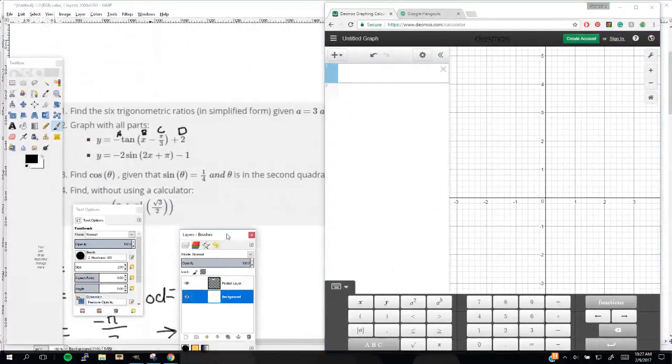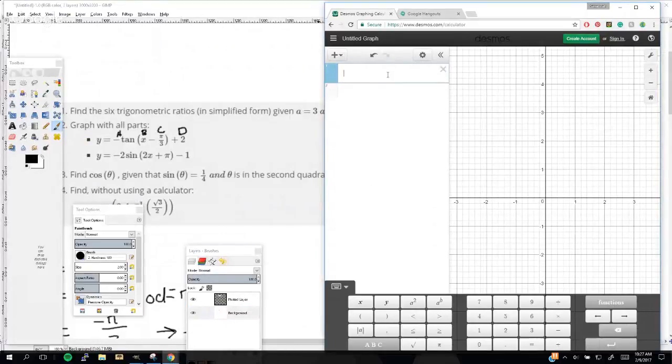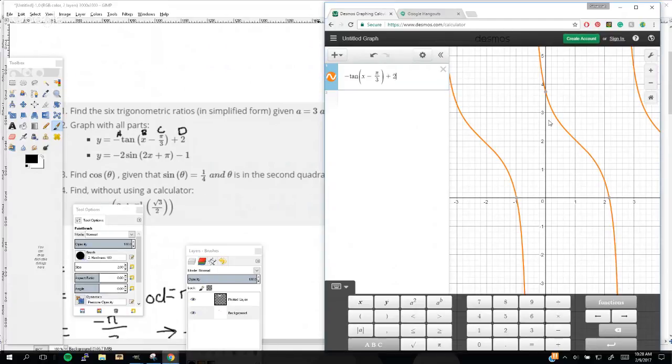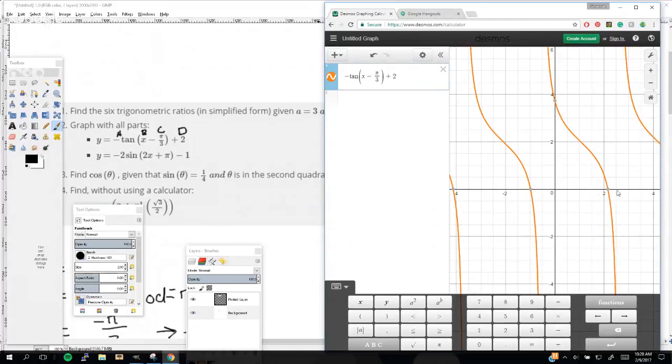That's 2. See, their asymptotes are right here. Well, actually, no, because there's no change in the period. The graph doesn't look, well, it does.